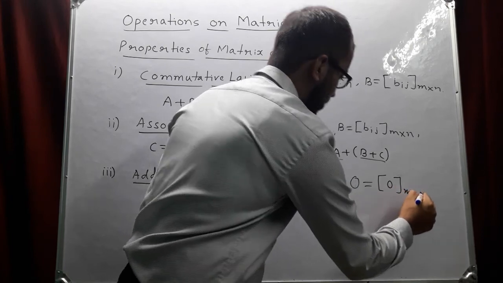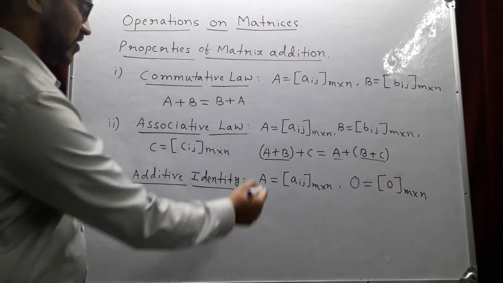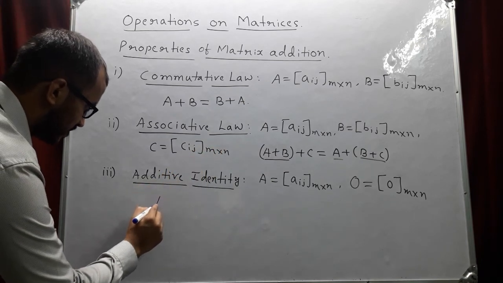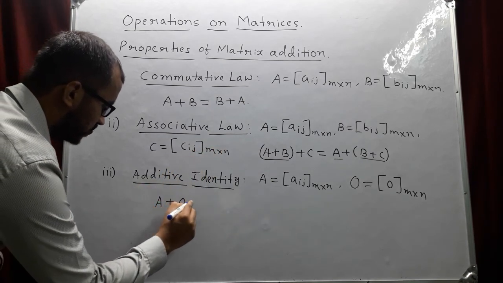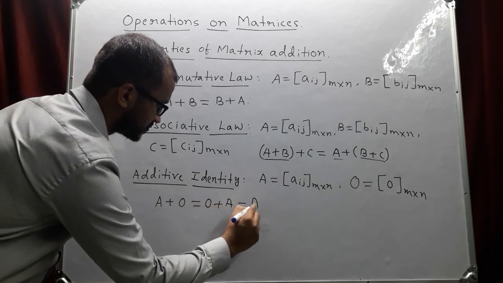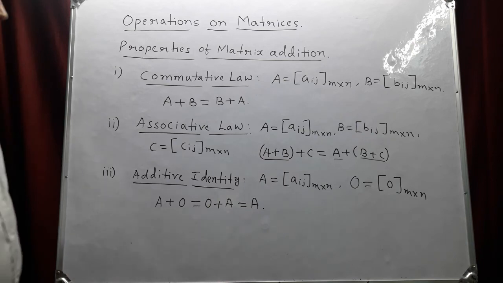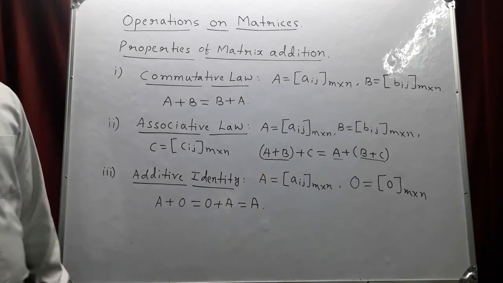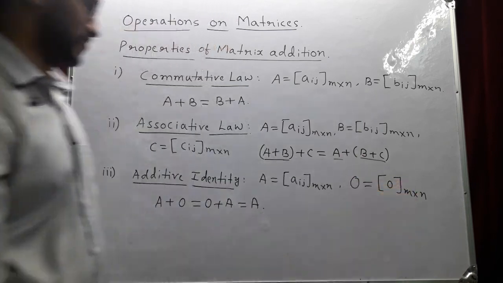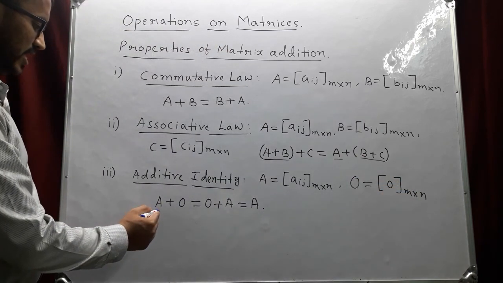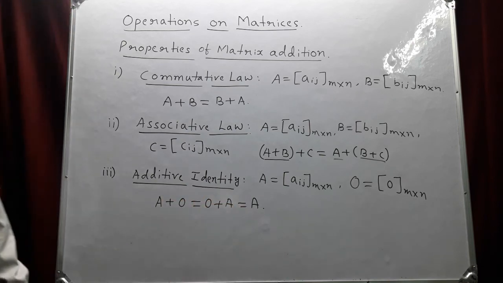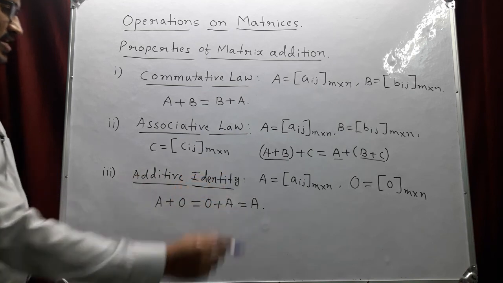Again, it should be of the same order as the matrix A. Then we can easily see that A plus O is the same as O plus A, which is equal to A. So for any given matrix A, there exists a null matrix of the same order such that A plus O equals O plus A equals A. This is the additive identity.